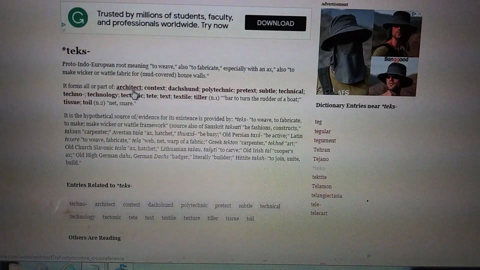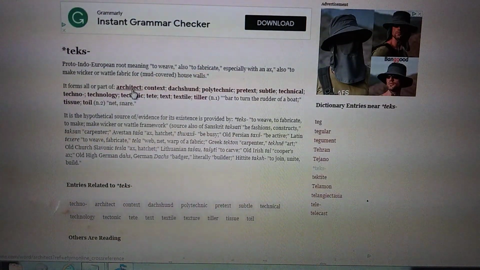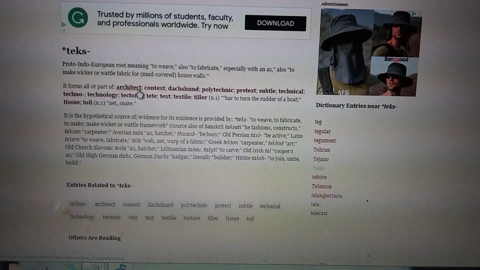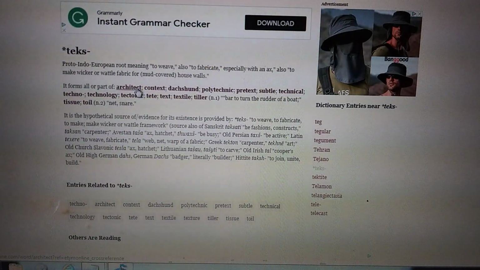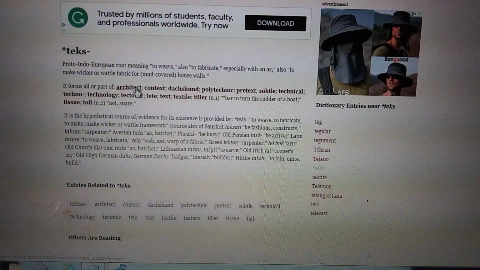Architect, right? In The Matrix, Neo had to go see the architect, the old white dude. Solomon the builder, he's the architect. You even get it in the Egyptian, was it Thutmose or Cheops?